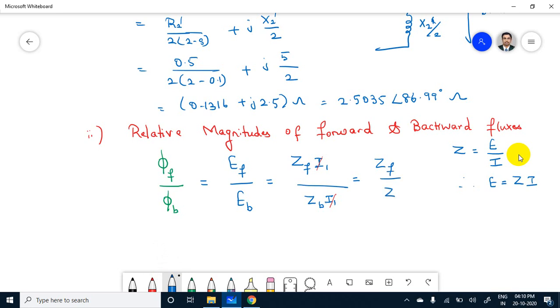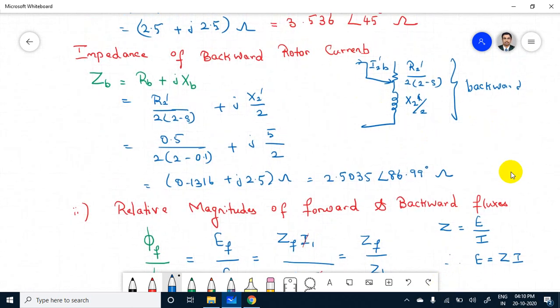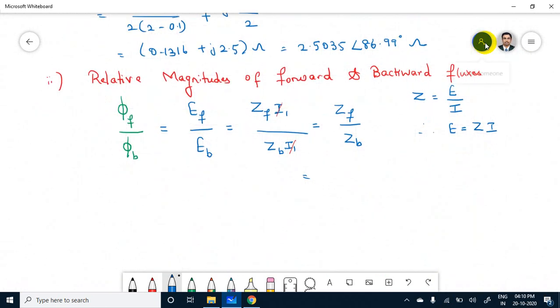So finally we'll get Zf and Zb. So what is our Zf? Zf value we already calculated, right? So here 3.536 angle 45 degree divided by Zb, which is 2.5035 angle 86.99.